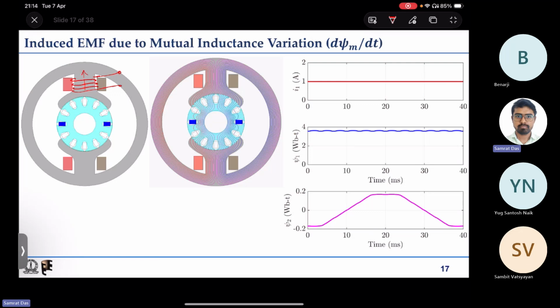Suppose we are injecting some current I1 in the first winding; obviously it will have its other part also. So this is our I1 that is going in like this and coming out like this. So this is the first winding.